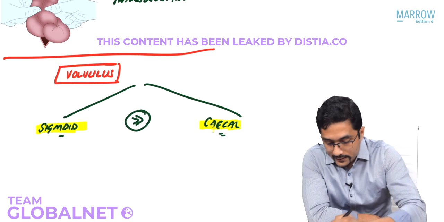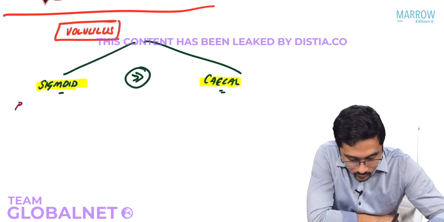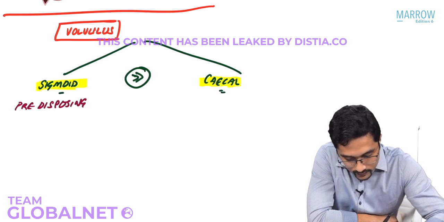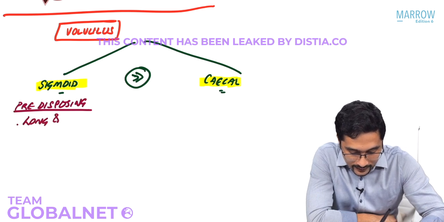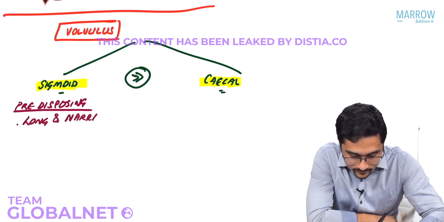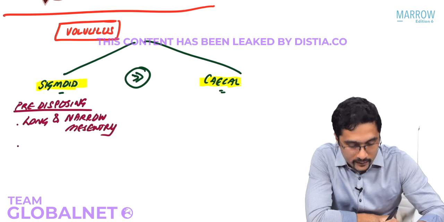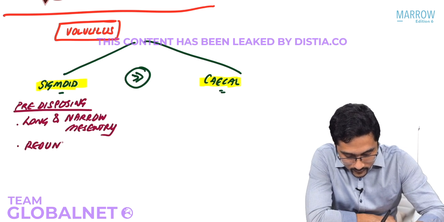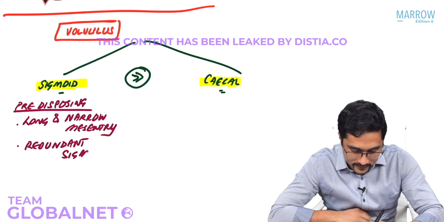And sigmoid volvulus, the predisposing factors for sigmoid volvulus are a long and narrow mesentery of sigmoid. Redundant sigmoid. If you have a long redundant sigmoid, it can easily twist.